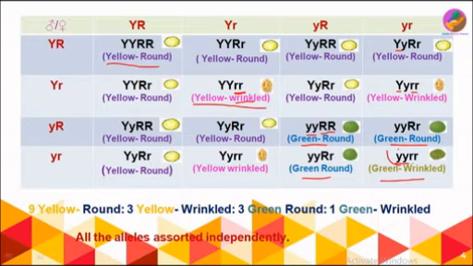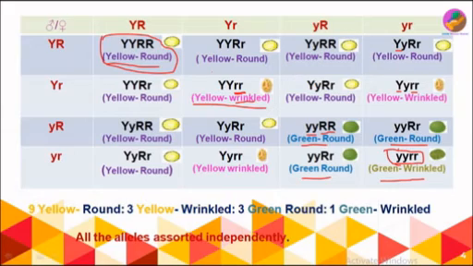Now see these two, the first and the last: they are the parents. They are homozygous and they are pure lines, but all the others are intermediates and contain different types of phenotypes, because each type of allele has the capacity to assort independently.